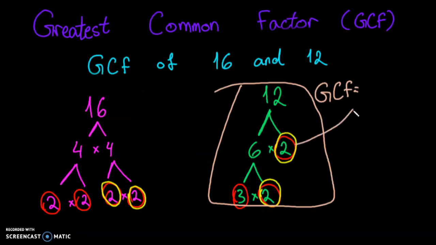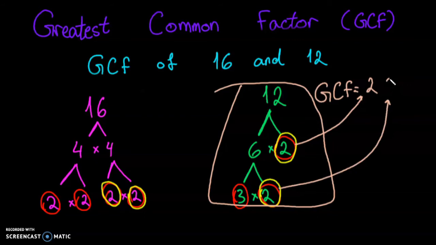So we have a 2 here and a 2 here. Notice the 3 is not circled in yellow. 3 is circled in red because it's prime. But we don't have a 3 here. So we just take the numbers that are circled in yellow. And finally, 2 times 2 is 4, and you got your greatest common factor.